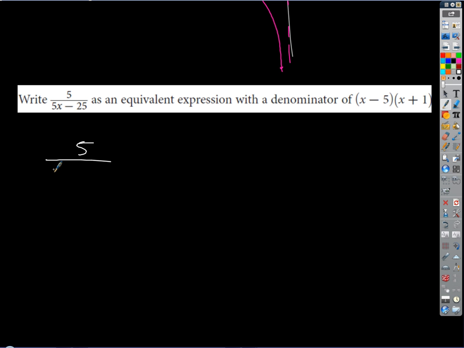Elizabeth, is there a common factor there I could take out? 5. Leaving me with what? Okay, good. And I want the bottom, somehow, to have the denominator x minus 5 times x plus 1. So how am I going to get from there to there? Duncan, what do you think? Any ideas?